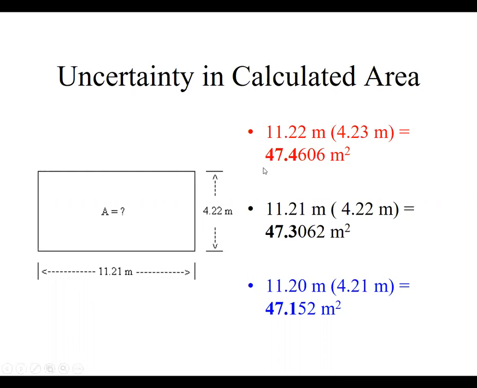So if you wanted to get the maximum possible value for the area, you would want both measurements to simultaneously take their upper limit. So we're letting the length go to 11.22 meters. We're letting the width go to 4.23 meters.